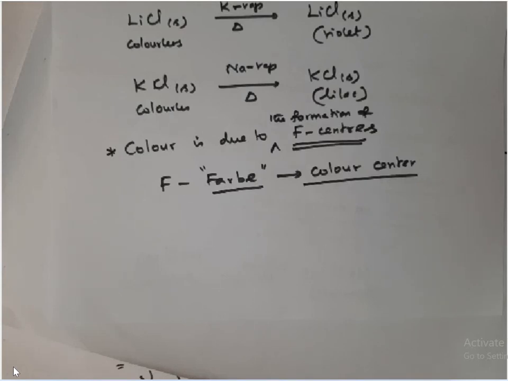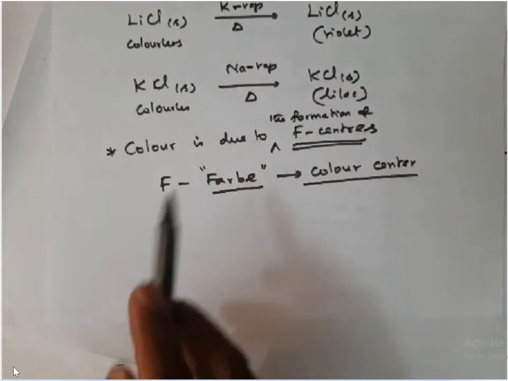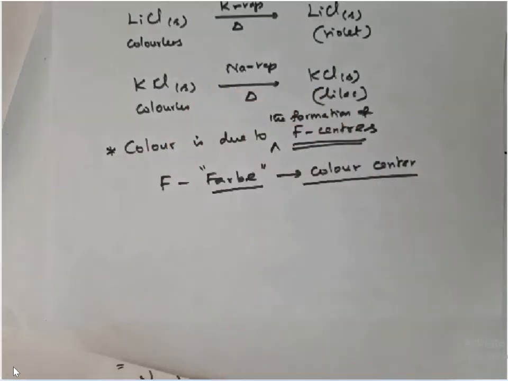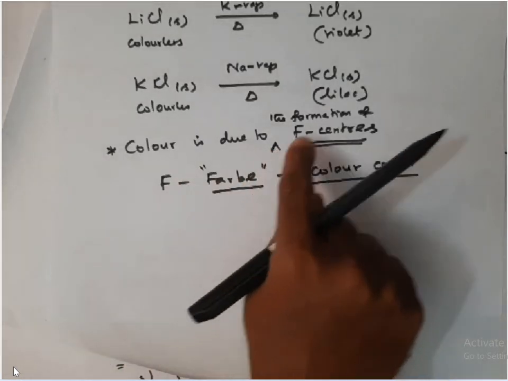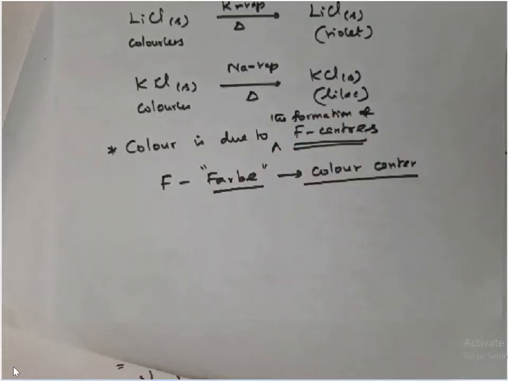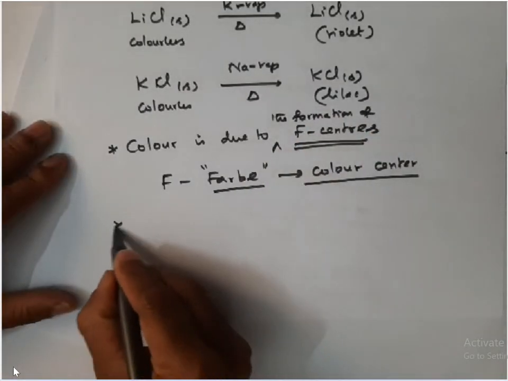Students, listen carefully. Whenever you heat an alkali metal halide in the presence of alkali metal vapor, you will get color. You won't get the same color. See here, lithium chloride gives violet, potassium chloride gives lilac, and sodium chloride gives yellow. You'll never get the same color. You get different colors. But the reason for the color is the formation of F centers. Now, what is an F center?